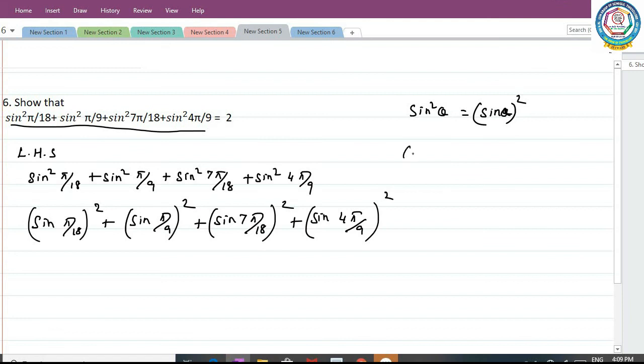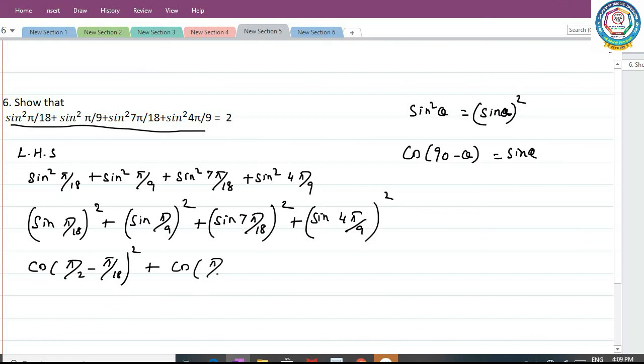Because we know the complementary angle: cos of 90 minus theta equal to sin theta. So I change the first 2 terms: cos of pi by 2 minus pi by 18 the whole square plus cos of pi by 2 minus pi by 9 the whole square.